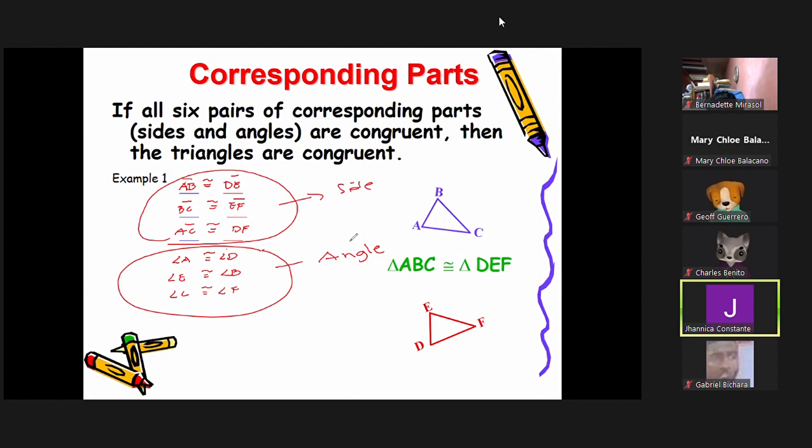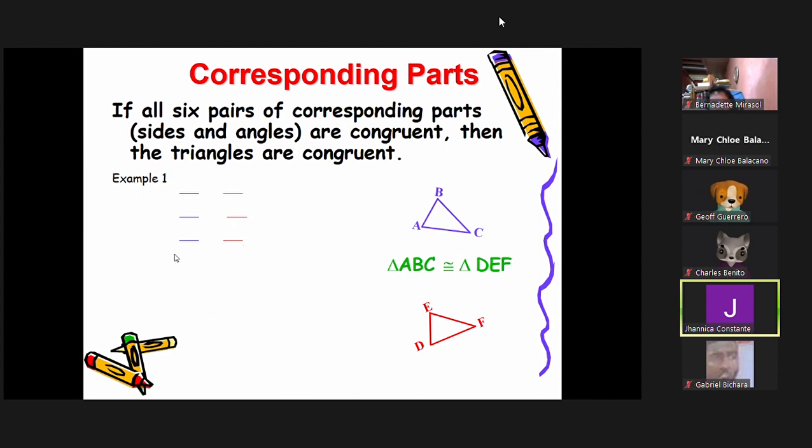Okay. But we also have theorems or postulates where we don't need to identify the 6 pairs of corresponding parts of our triangle. Kahit wag na natin isulat yung mga corresponding sides and angles of our triangle.